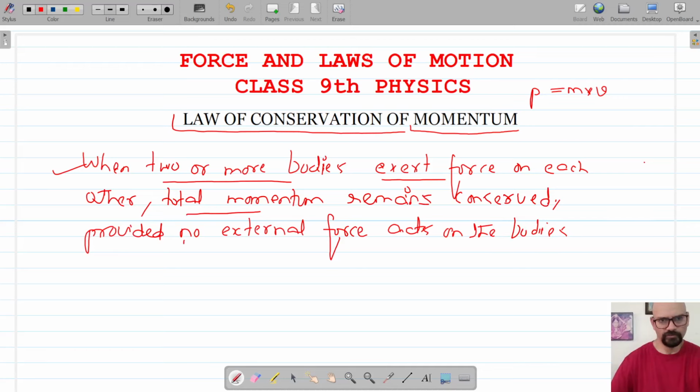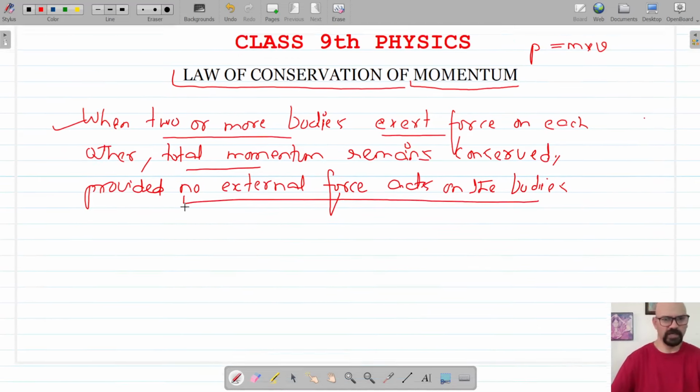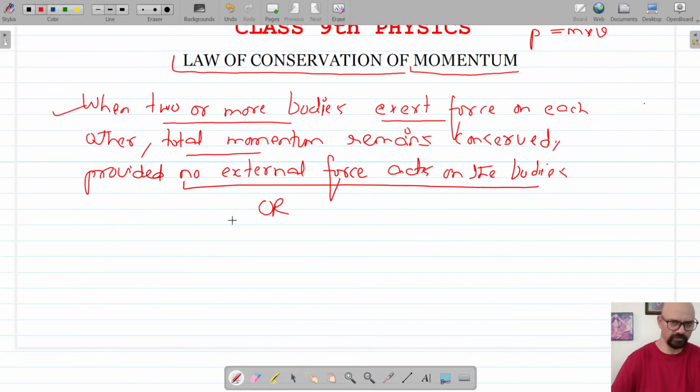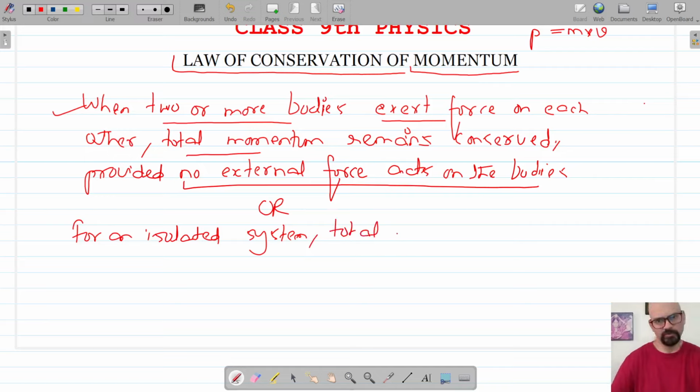When no external force acts on the bodies, it means it's an isolated system. It can be written in another way: an isolated system means no external force is acting on a system of bodies, whether two or more than two. For an isolated system, total momentum remains conserved.